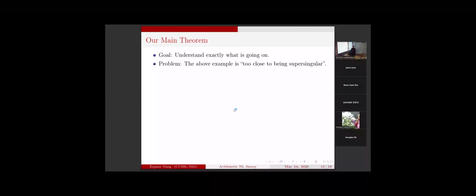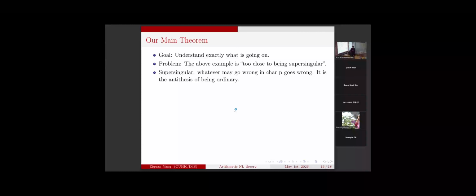Roughly speaking, the problem is that this example is too close to being supersingular. You can think of the supersingular case as a case where whatever can go wrong in characteristic p does go wrong. It is the antithesis of being ordinary.